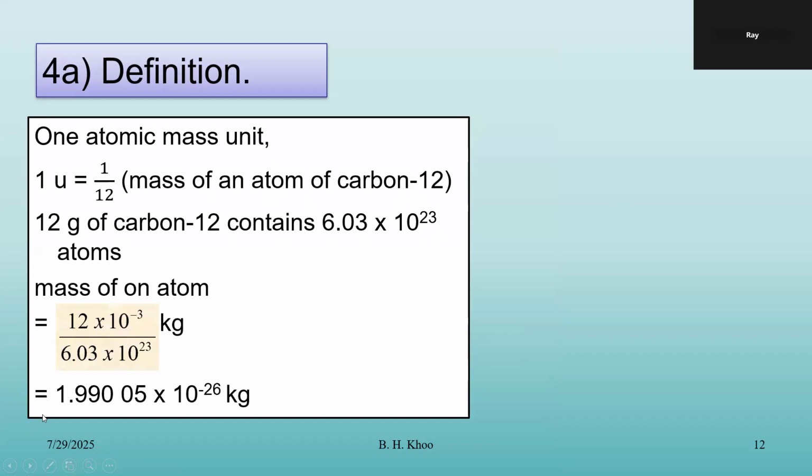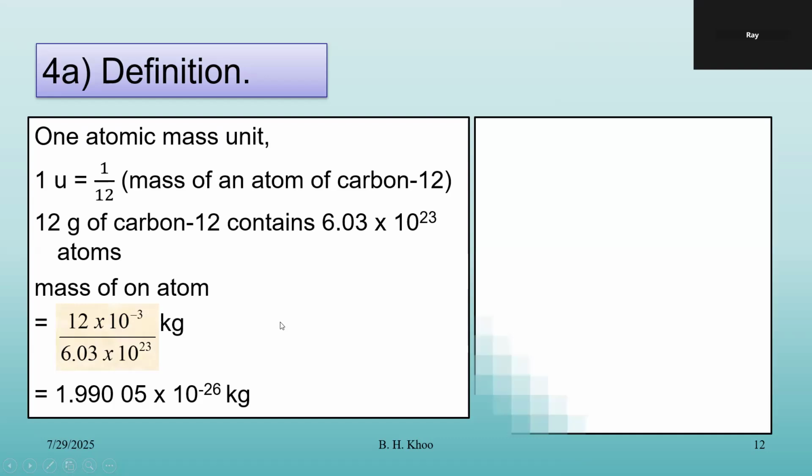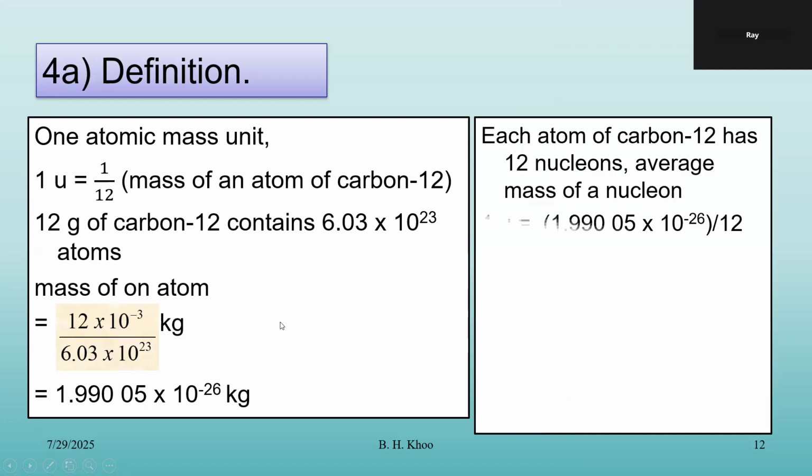So that's the mass of a carbon atom. And there are 12 nucleons in a carbon atom, so you divide by 12 to get the atomic mass unit. That's given in the formula sheet.